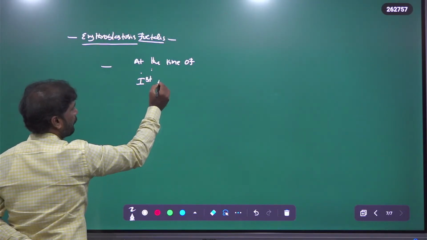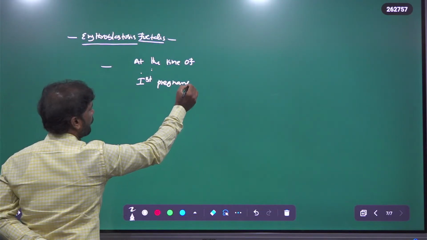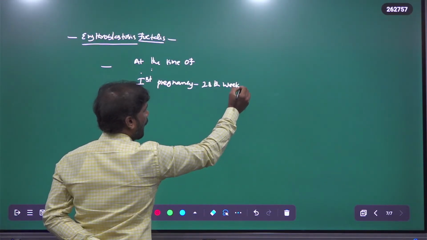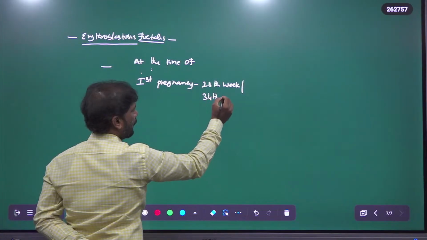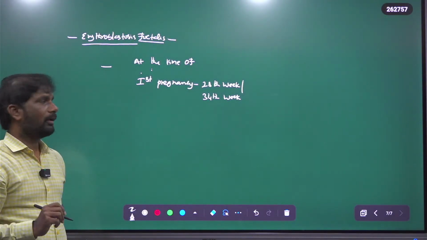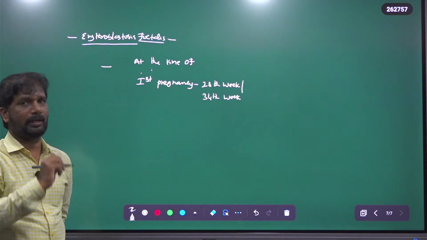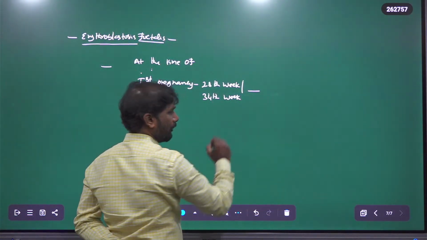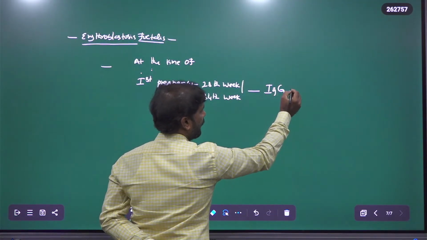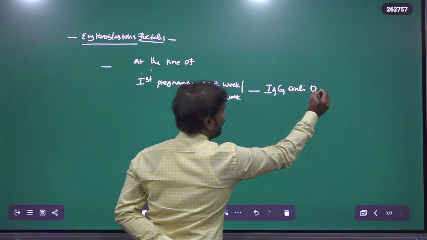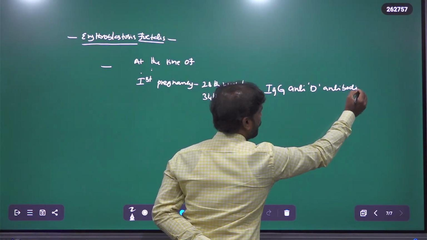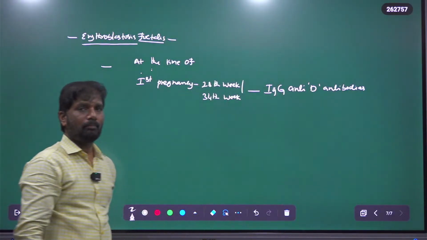At the time of the first pregnancy, at the 28th week or 34th week of the first pregnancy, we can give IgG anti-D antibodies to the pregnant mother.